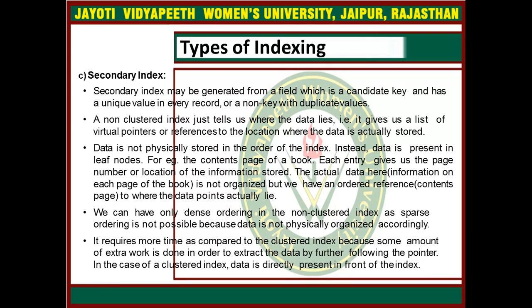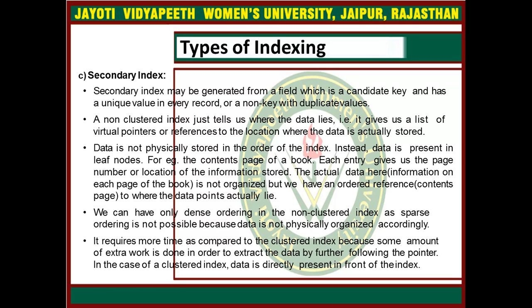A non-clustered index just tells us where the data lies, that is, it gives us a list of virtual pointers or references to the location where the data is actually stored. The data is not physically stored in the order of the index. Instead, data is present in leaf nodes.